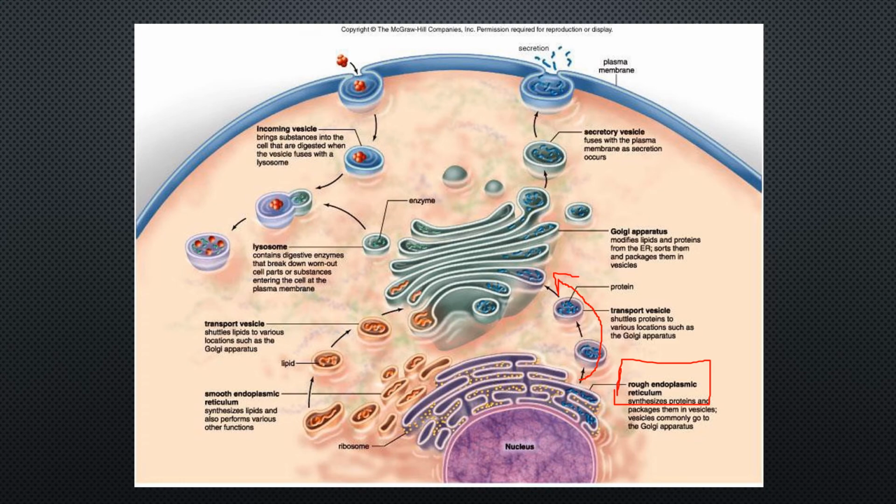Once they're all folded properly, if the protein is going to be used outside of the cell and in a different location, then it is packaged in one of the secretory vesicles, and then through exocytosis it is sent outside of the cell. And that is the destination of our protein that started with our DNA and transcription through translation, modification in the Golgi apparatus, and sent out.